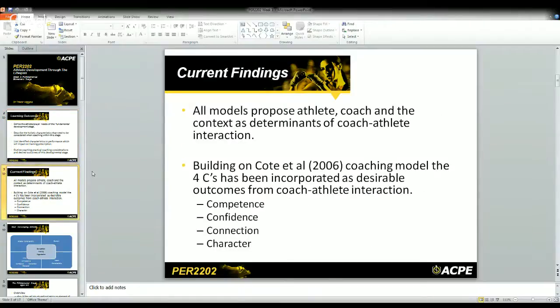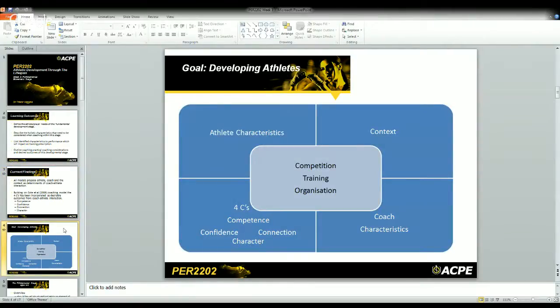Now, with it, we're going to continue on the Côté model, and in particular the 4 C's that he referred to as the desirable outcomes or ways for coaches to interact with their athletes. And it's about competence, confidence, connection, and character.